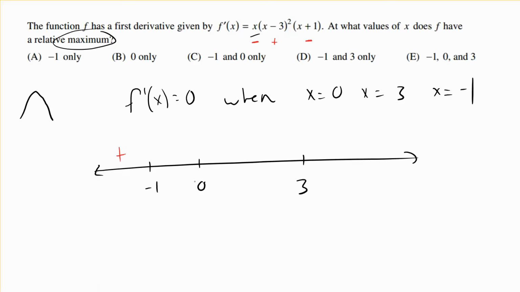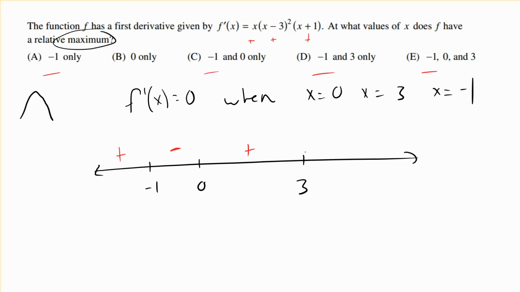If I put something in between here, like a negative 1/2, what's going to happen there? This will be negative, positive, positive, so this will be negative. So we've definitely got a maximum here at negative 1. Between 0 and 3, I go positive, positive, positive.